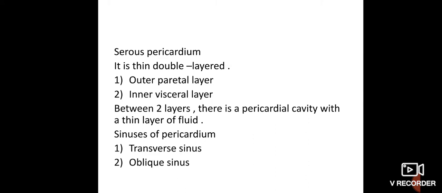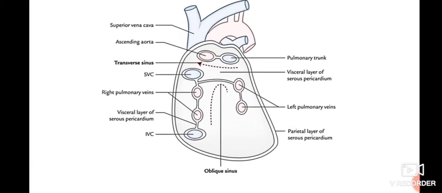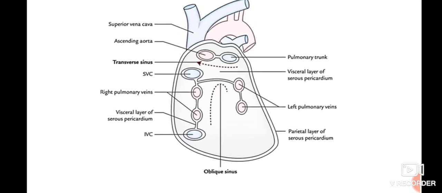Transverse sinus is transversely placed and oblique sinus is obliquely placed, and these sinuses are present among the venous and arterial ends. The arterial end of the heart is the upper part, where you can see the ascending aorta and the pulmonary trunk.